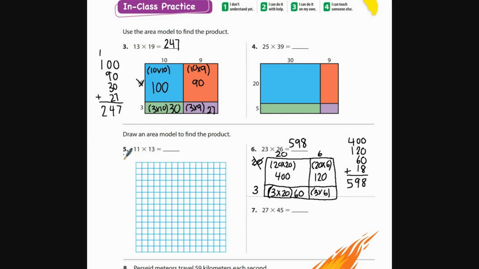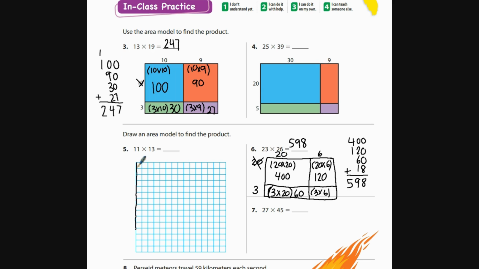Okay. Now let's look at number 5. We have 11 times 13, right? So we're going to draw 11 down. 1, 2, 3, 4, 5, 6, 7, 8, 9, 10, 11. But remember, we're going to separate that later.